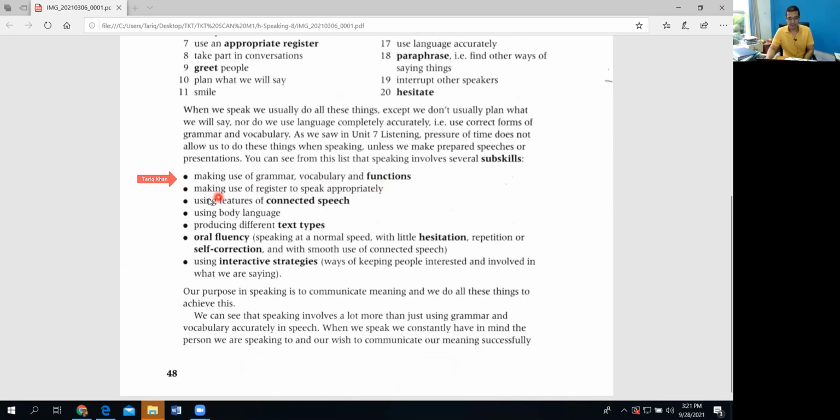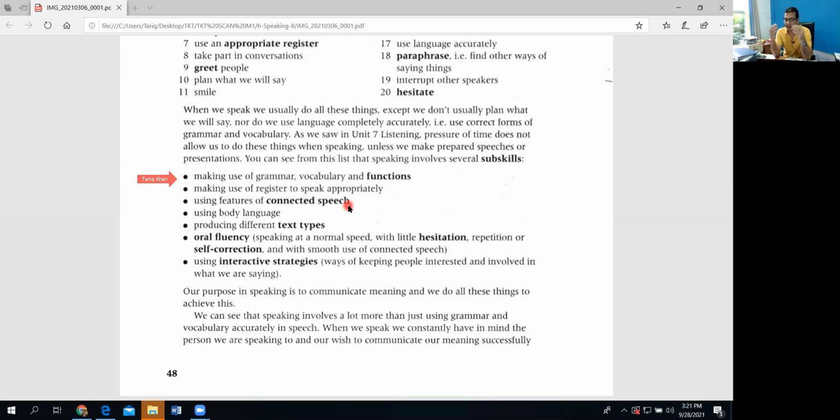Right. Next one is making use of register to speak appropriately. Is it formal or informal? What we say. So register, should we use formal register or informal?